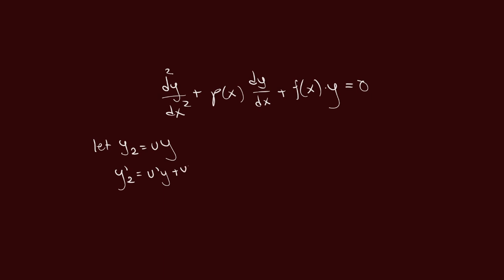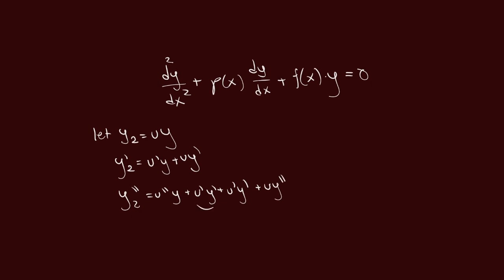Now take the second derivative. So that's u double prime y plus u prime y prime plus u prime y prime plus u y double prime.